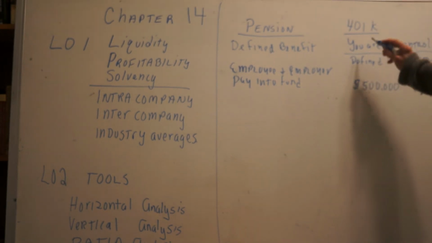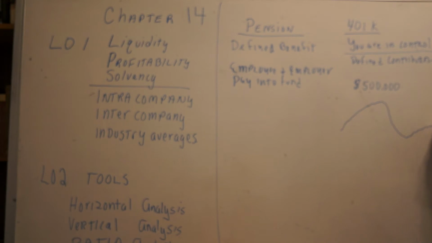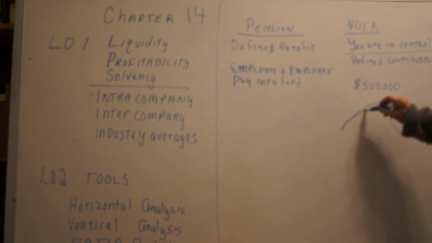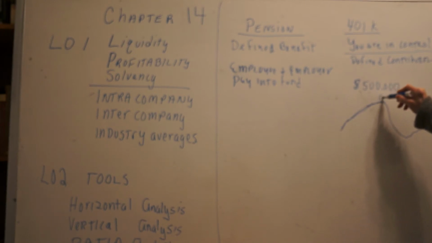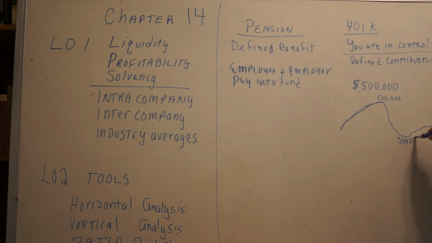Also, with the 401k, the stock market goes up, and then it goes down, and then it goes up, and then it goes down, and it might go up again. If you're planning to retire and you're going, oh, my funds are going up, I've got 500,000 here, isn't that great? And then the next month, like the beginning of 2008, it drops, and all of a sudden you've got $300,000.